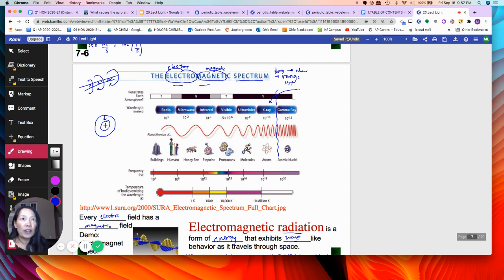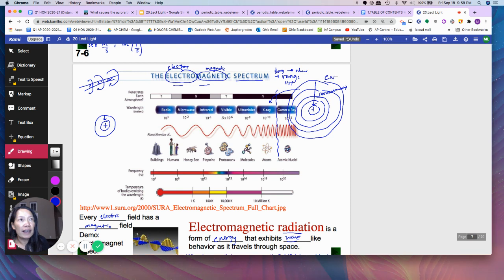The X-ray, though, comes from the atom as well, specifically the electrons, but this time it's falling from a really, really high energy level. So when it falls, it gives off very powerful energy, and the wavelength is really, really small. It's so small that it's so frequent that it's very energetic.